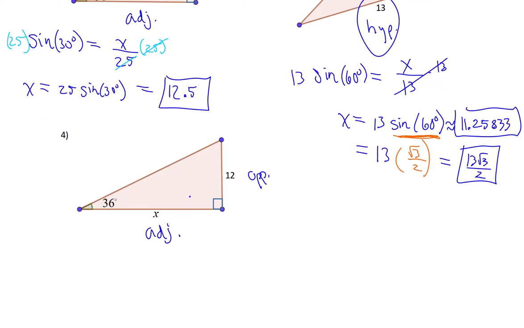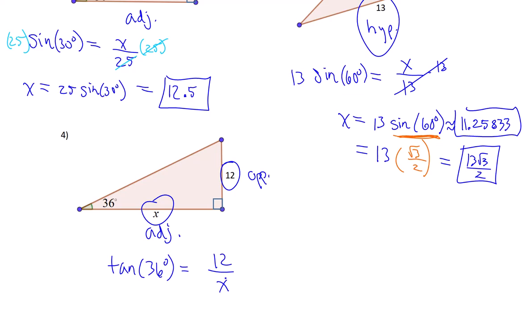So this time we're going to set it up in the following way. We know the opposite and we need to know the adjacent, which means we need a trig ratio that involves both of those. If you look up at our options for SOHCAHTOA, which option involves O and A for opposite and adjacent? It turns out it's tangent. So we'll say the tangent of 36 equals the opposite, which is 12, over the adjacent, which is x.